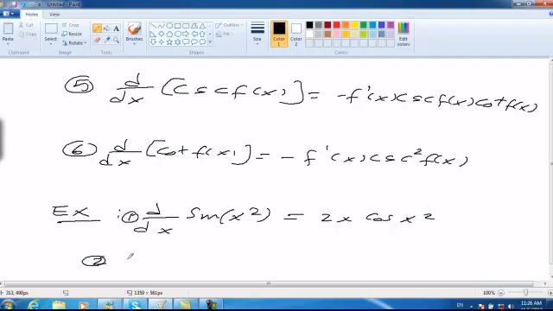Example 2: d by dx cosine 1 by x equals minus 1 over x square times sine 1 by x.